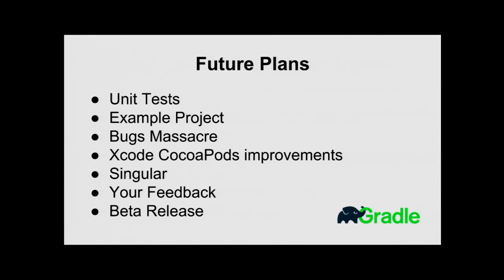Integration with Xcode. Singular is, for those of you who know Angular as a sort of web framework, a project that's going to come out of Google. They've talked a bit about it publicly but haven't released it, where they're taking the Angular-like paradigm and bringing it to Android development, and I think that this actually could have a very interesting story for working with J2ObjC.